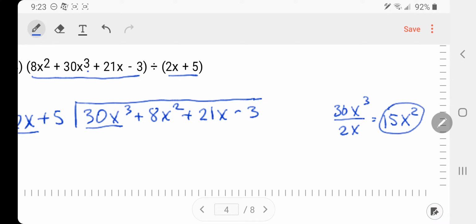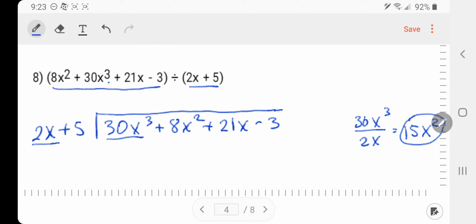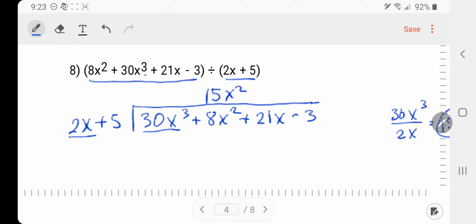This is going to be the first term of the quotient, and that's going to go 15x squared there. And then we're going to take that 15x squared and we're going to distribute to both terms out front.